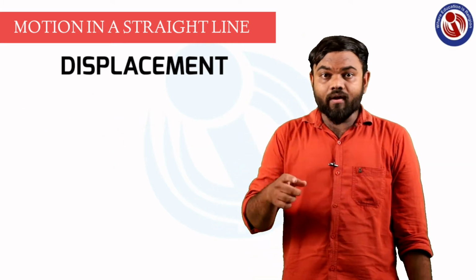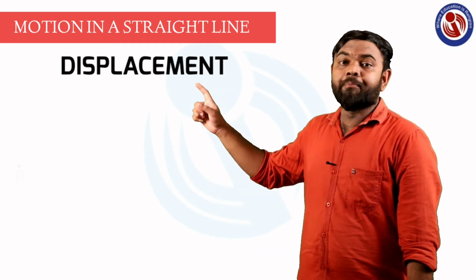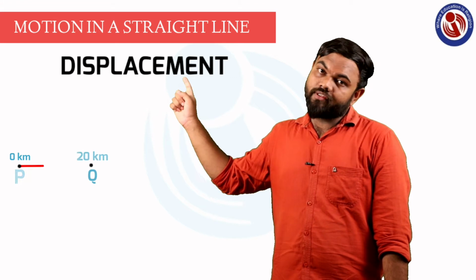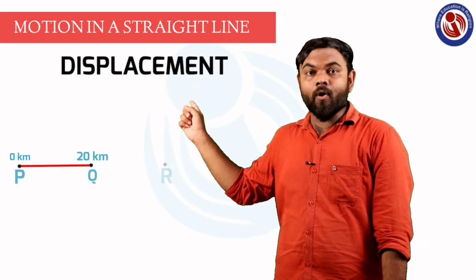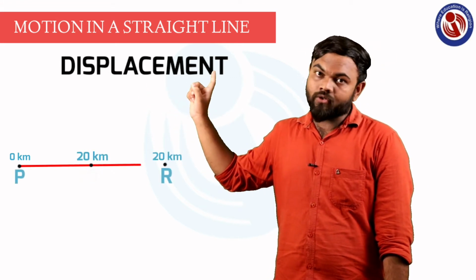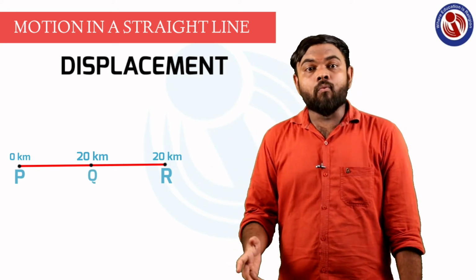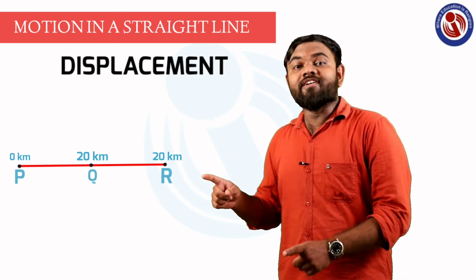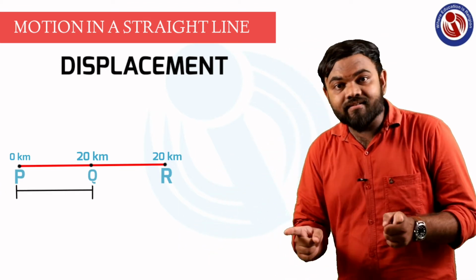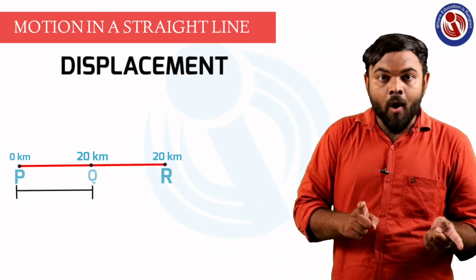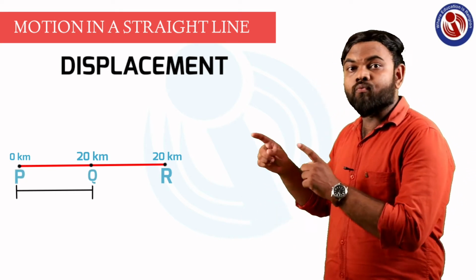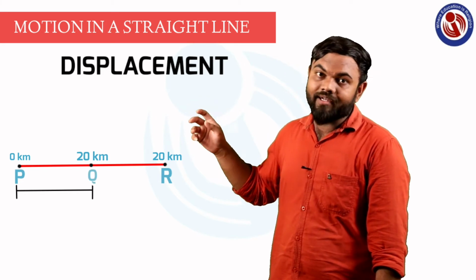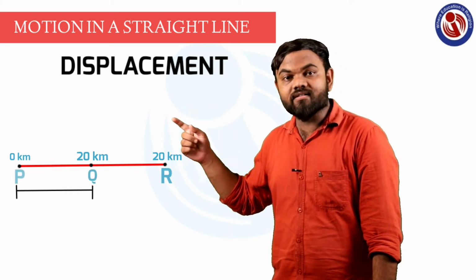Suppose we take one example. P point at 0 km, Q point 20 km with respect to P and R point 20 km with respect to Q. Now, what is the displacement between P and Q? Displacement is the distance between ending point and starting point. Q point is the ending point and P point is the starting point.